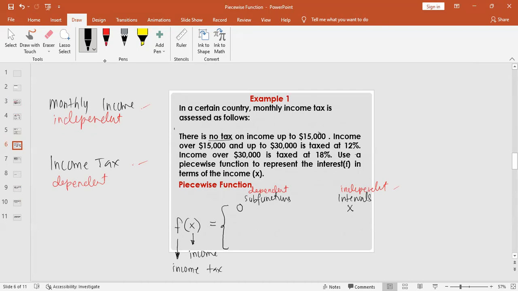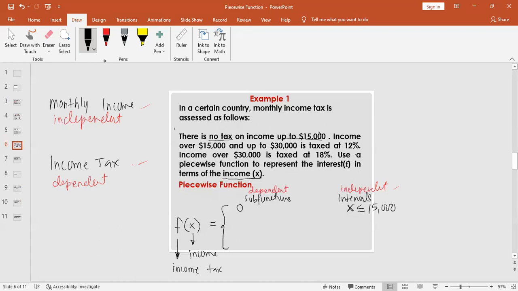Diba? Ito yung nirepresent natin sa income, which is already stated in the problem. Okay. Kailan daw magiging zero yung tax mo? If your income is up to $15,000.